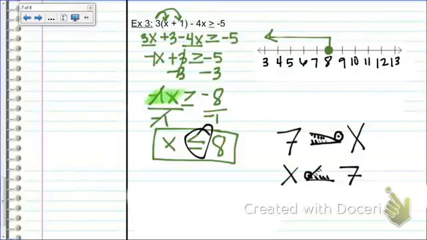Does that make sense? I always suggest that we get x on the left-hand side because it makes more sense to read. X is less than 7 is a lot easier to understand than 7 is greater than x. That's something I want you to be aware of for your number sense understanding of inequalities.